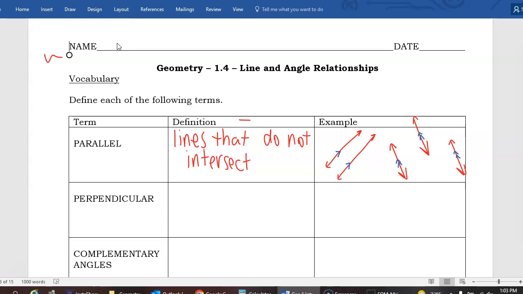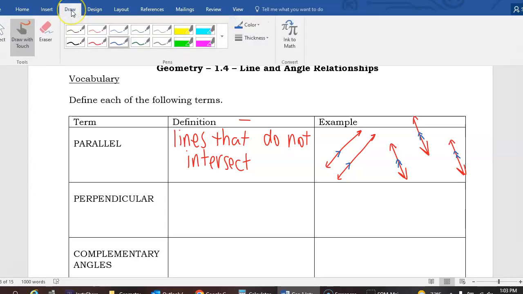Perpendicular lines are lines that intersect very specifically at a 90-degree angle.